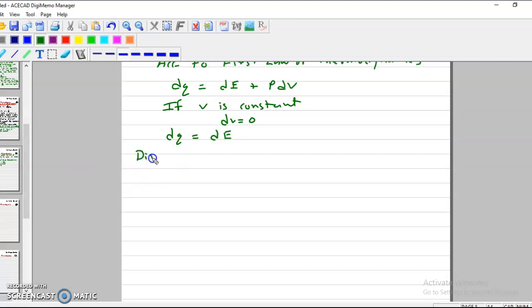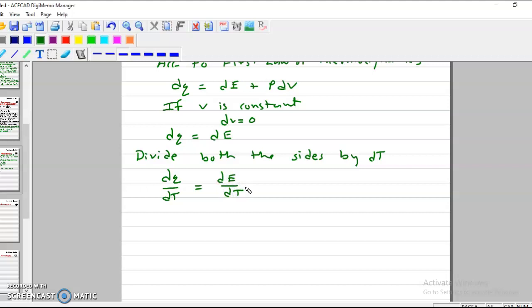Divide both the sides by dT. So dq upon dT is equal to dE upon dT.